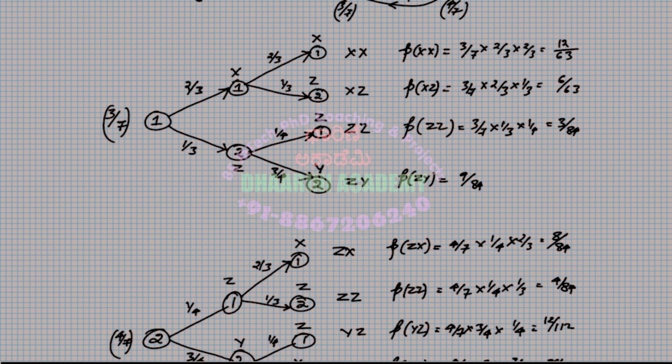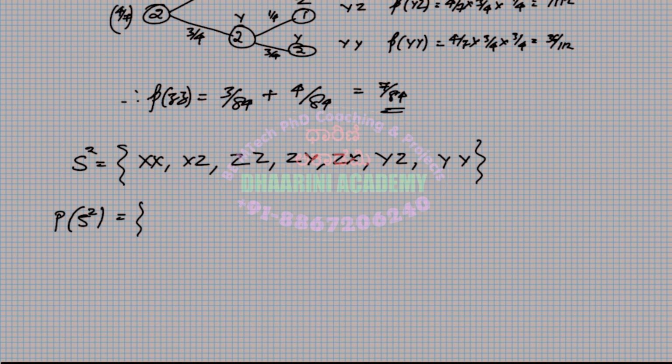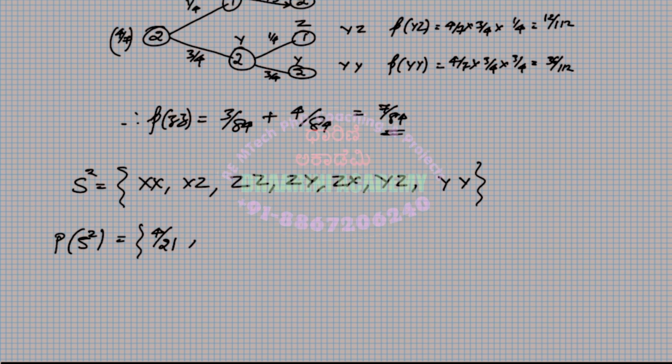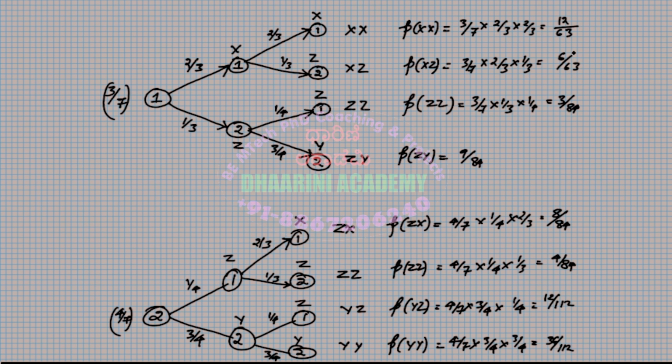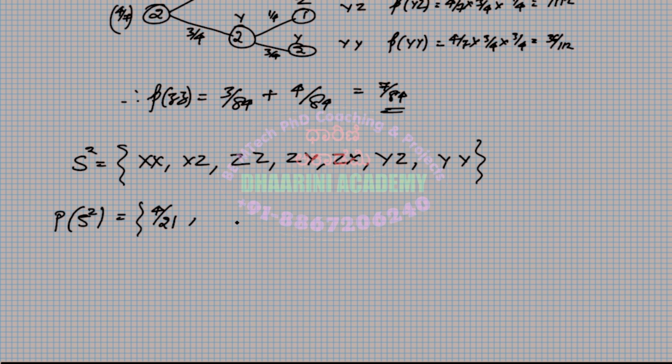It's 12 by 63. Okay, I think 12 by 63 can be reduced, 3 fours are 12 and 3 21s are 63, right? So I'll just write the simplified one. Just verify. The next one we have is xz. Xz, I can write it as 6 by 63, so 2 by 21, right?